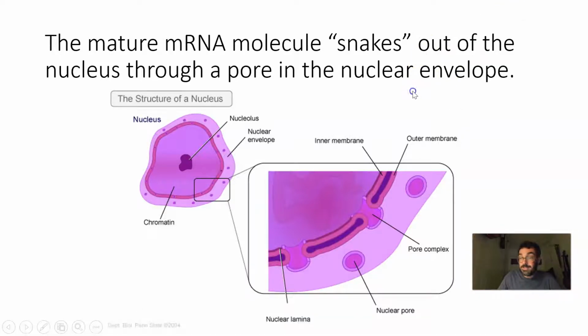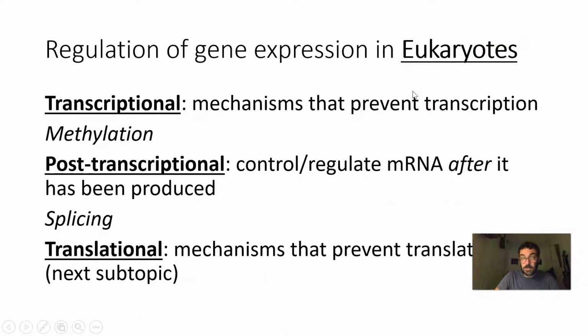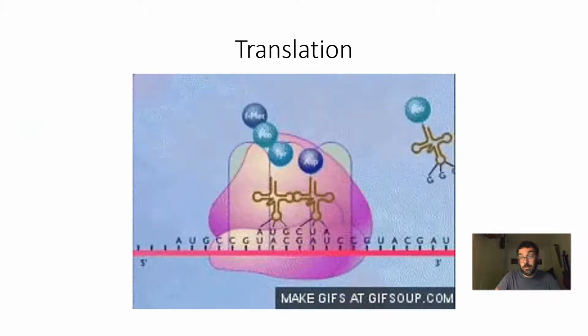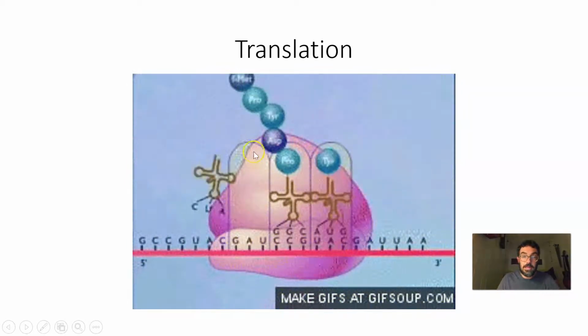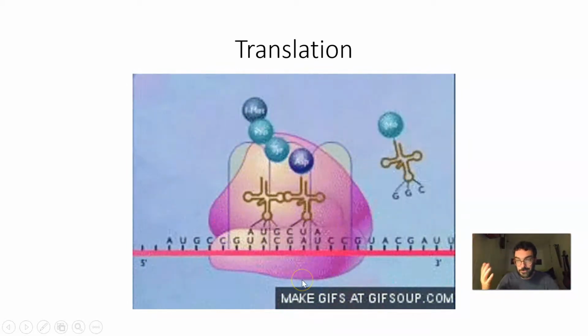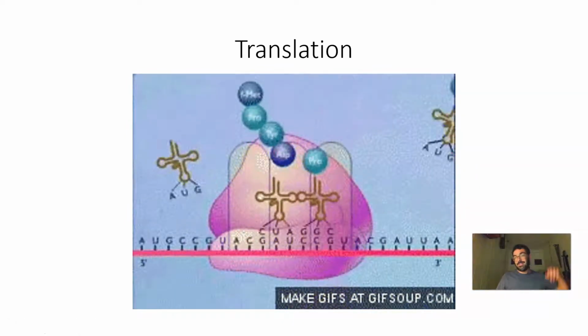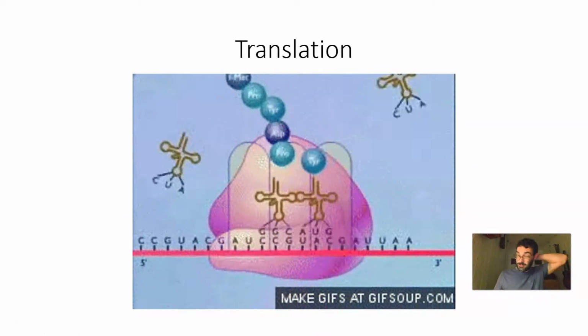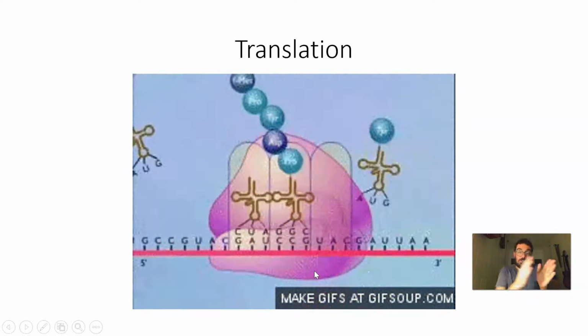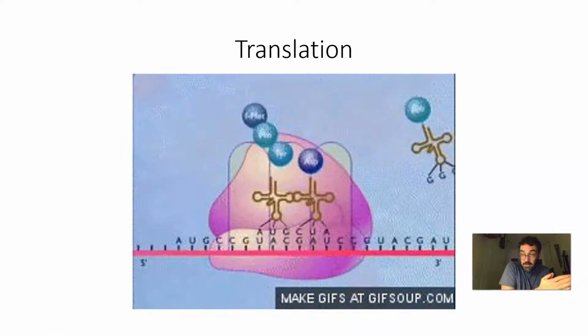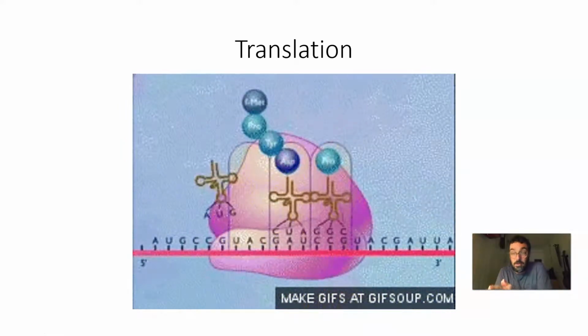So for translation, here's the translation. We're going to add in a structure called a ribosome. You guys know what ribosomes are. They build proteins. The hang up here, the reason that translation is a bit more complicated is that, remember, with transcription, we were taking DNA and copying it into RNA.